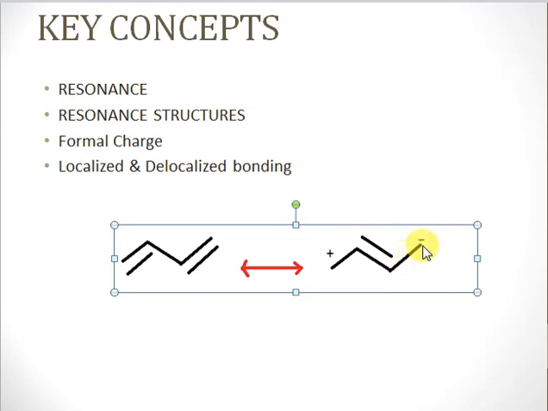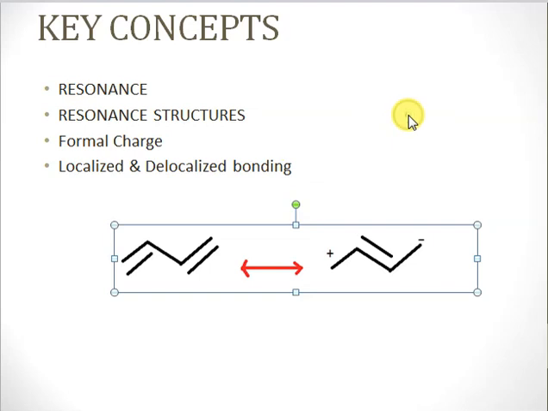So that's the purpose, and we say that both of these are not the actual real structures, but both of these are useful to explain the structure of actual butadiene, and that actual butadiene cannot be represented here, because if we represented that structure of actual butadiene here, then we would have violated the rules of valency, right?